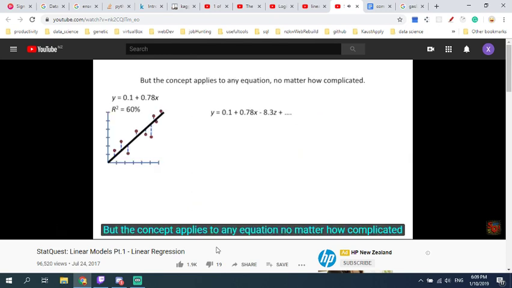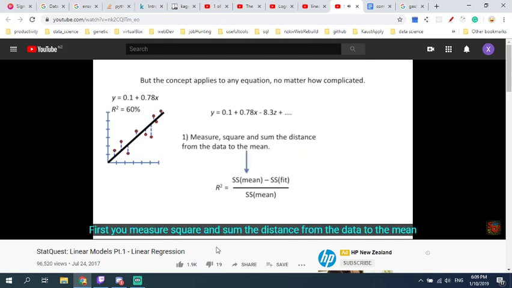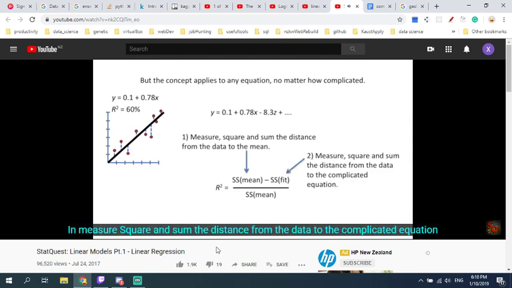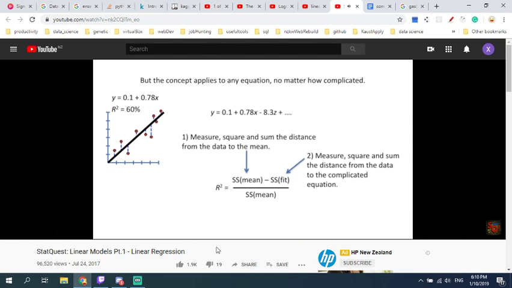But the concept applies to any equation, no matter how complicated. First, you measure, square, and sum the distance from the data to the mean, then measure, square, and sum the distance from the data to the complicated equation. Once you've got those two sums of squares, just plug them in and you've got R squared.